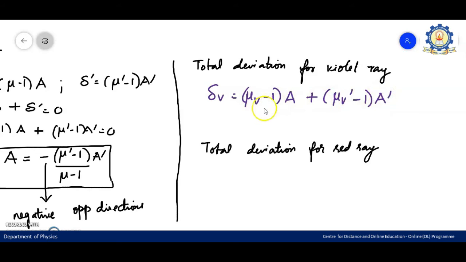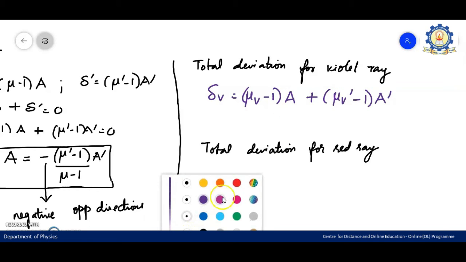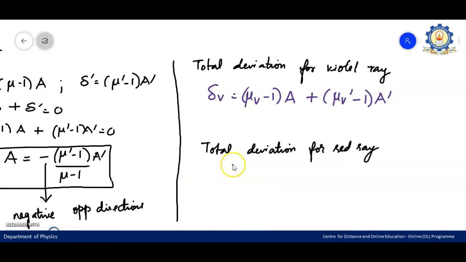This is for crown and this is for the flint. Similarly, you can write the expression for red ray. Delta R is equal to mu R minus 1 into capital A plus mu R prime minus 1 into A prime. So the total deviation of both the rays has been written.